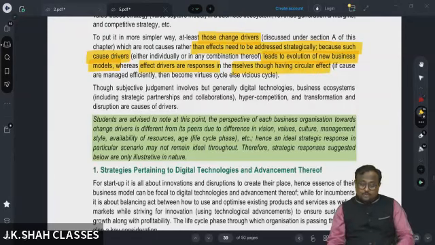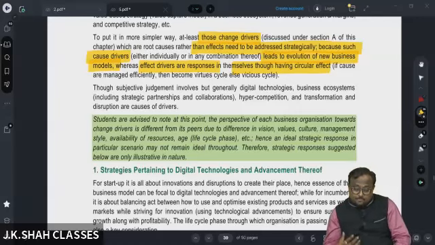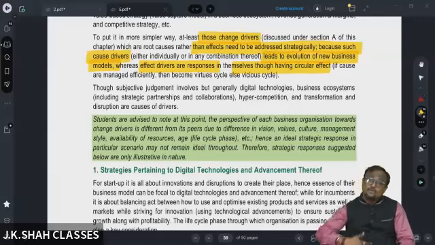See, cost driver means the need that arises for launching a product, and impact or effect drivers are, after you launch your product, what is the impact of it?